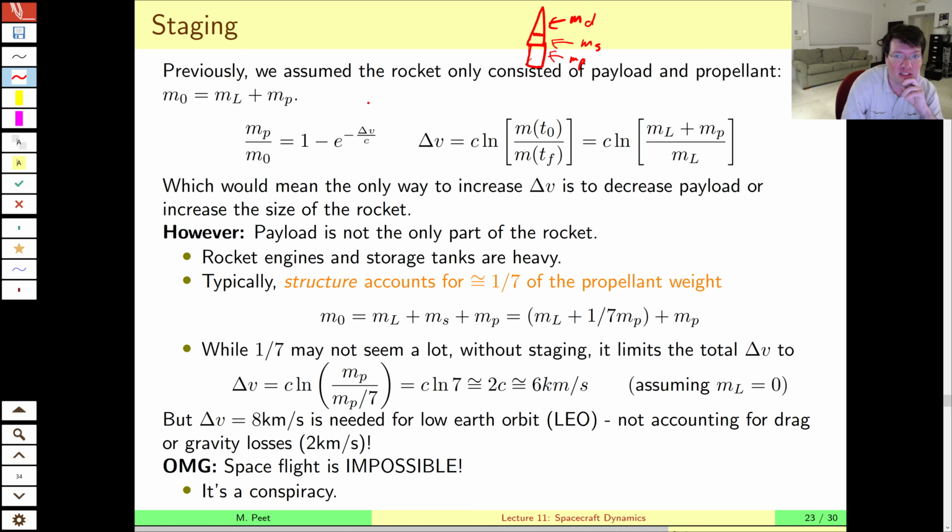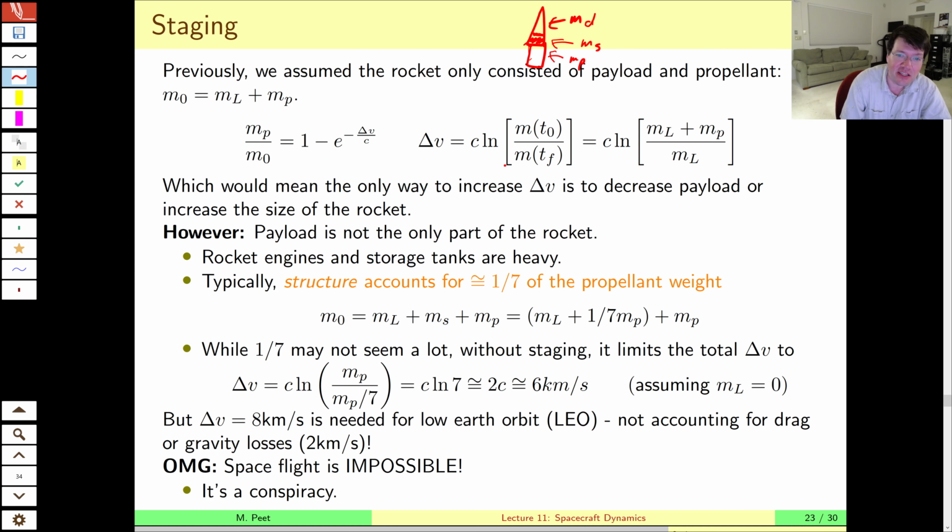Previously, we assumed that the rocket only consisted of payload and propellant. So we ignored this bit here, used to contain the propellant, and then the nozzles and stuff used to spit it out the back. So in this part of the lecture, the last 7 slides, we're going to be talking about reality, right?